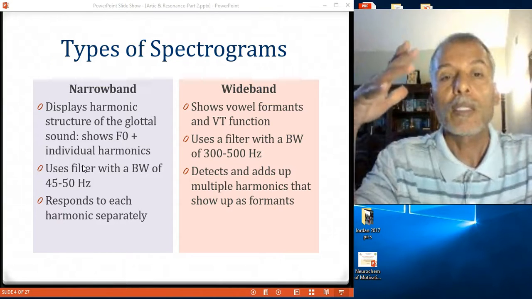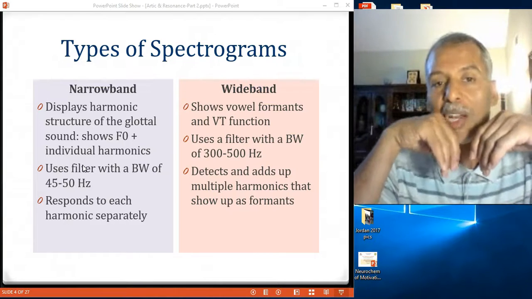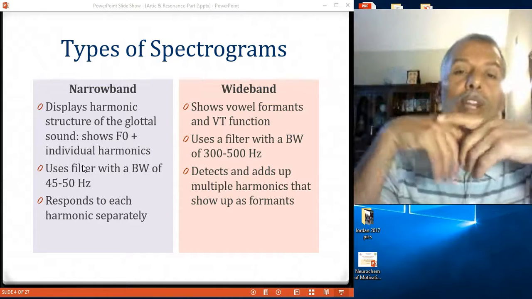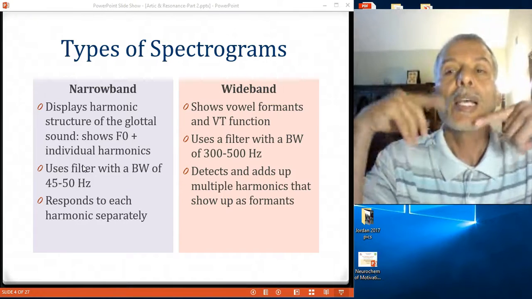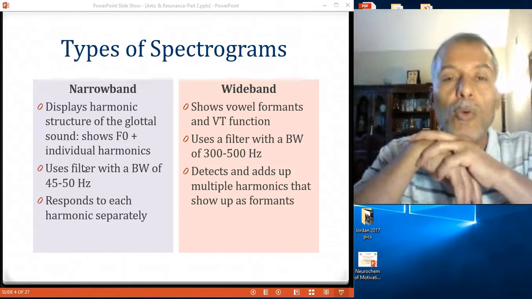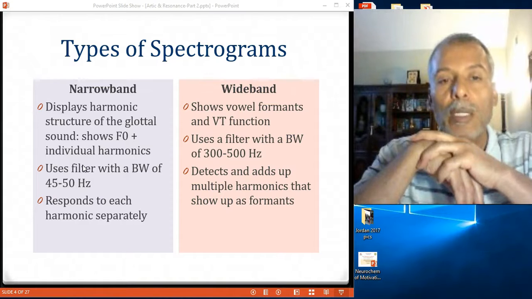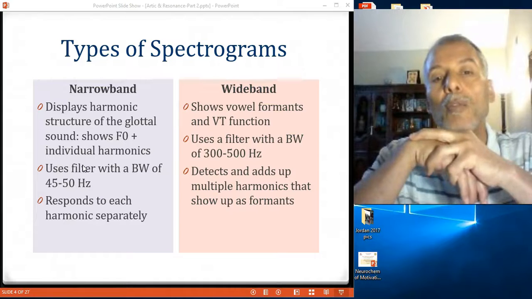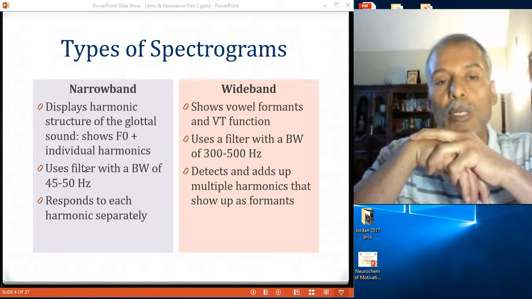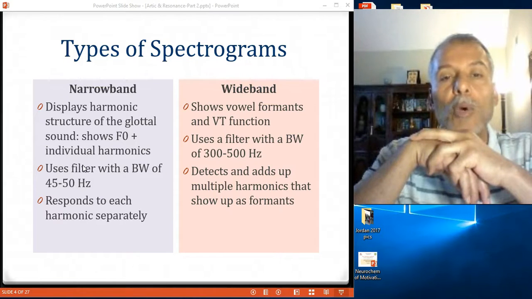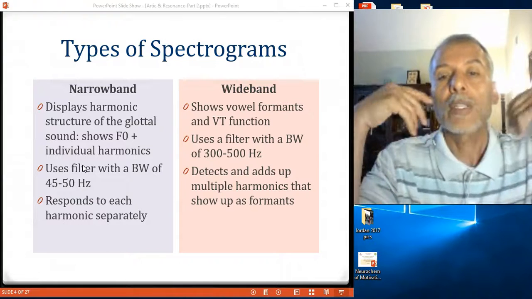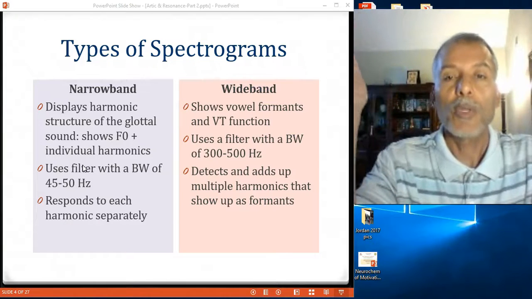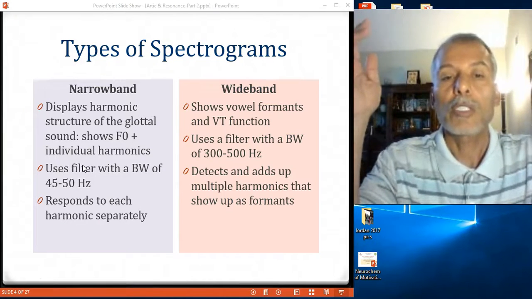The wideband spectrogram focuses on the vocal tract. Remember, we have source and filter. So the filter is the vocal tract. And this shows the vowel formants and the vocal tract function. And the wideband spectrography also uses a filter that is a wideband filter that's between 300 and 500 hertz.